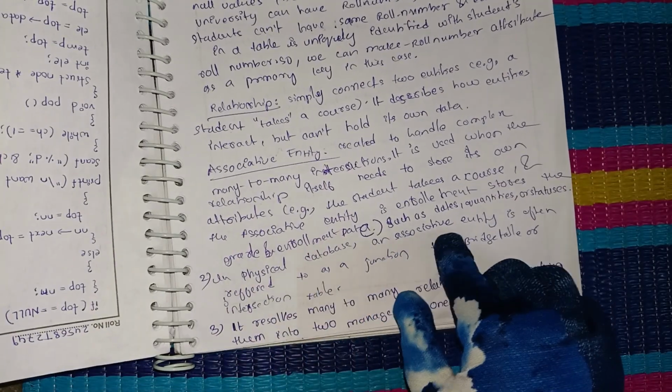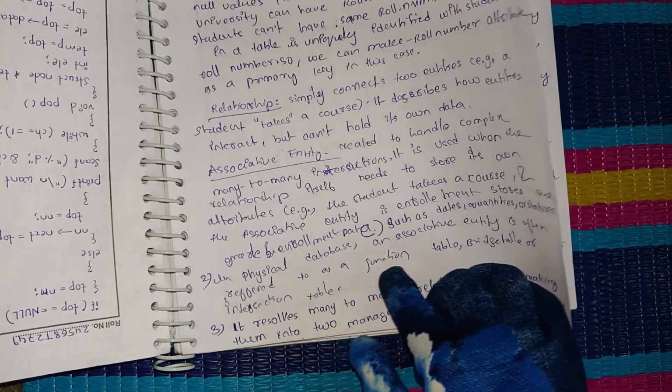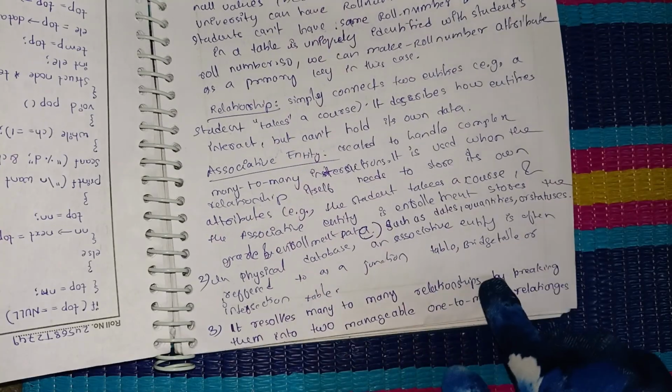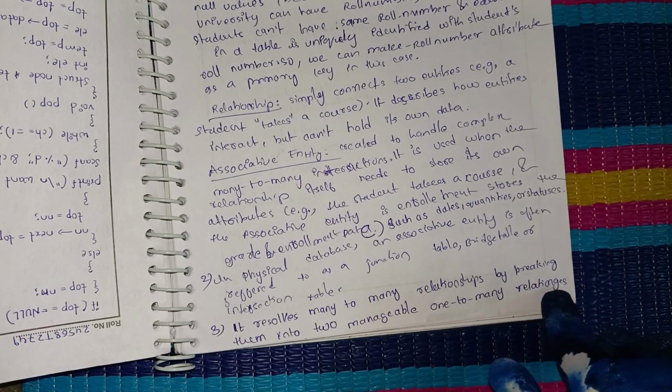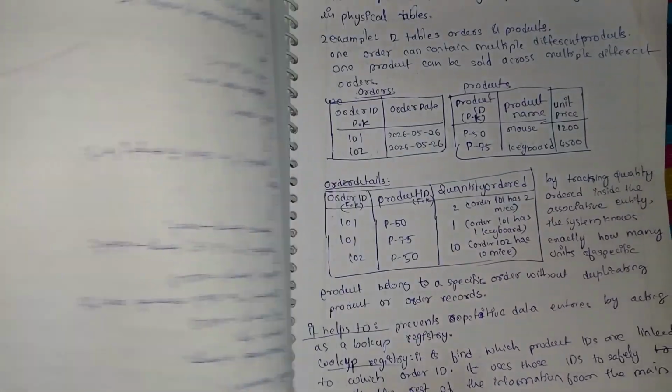In a physical database, an associative entity is often referred to as a junction table, bridge table or intersection table. It resolves many-to-many relationships by breaking them into two manageable one-to-many relationships. So how, we will see in the example.